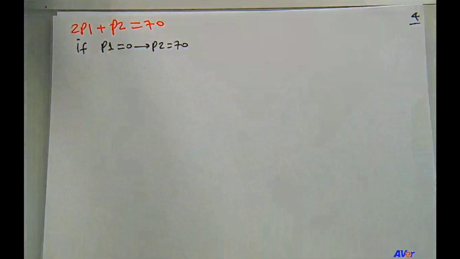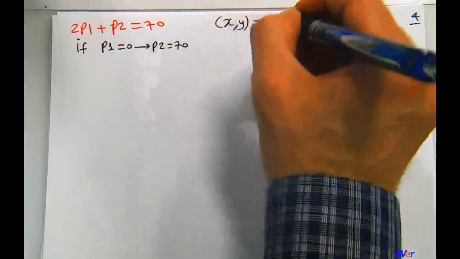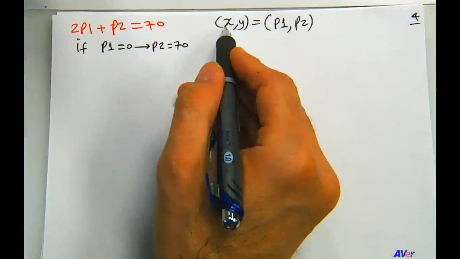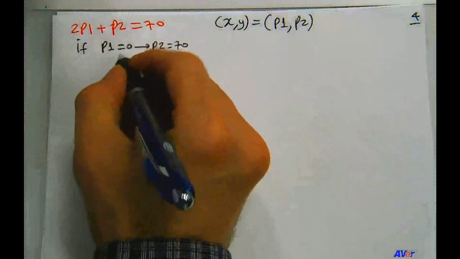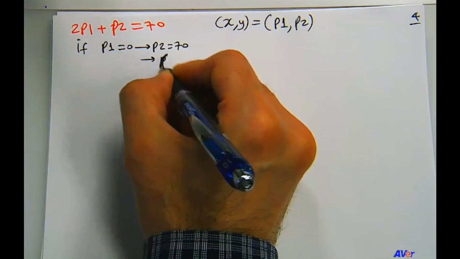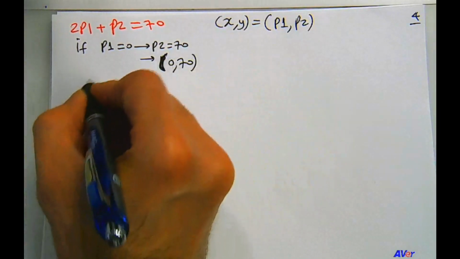By the way, let's take P1 to be x and P2 to be y, which means x, y should be equal to P1, P2. So P1 is going to be on the x-axis. And based on this, we have 0, 70 as the y-intercept.